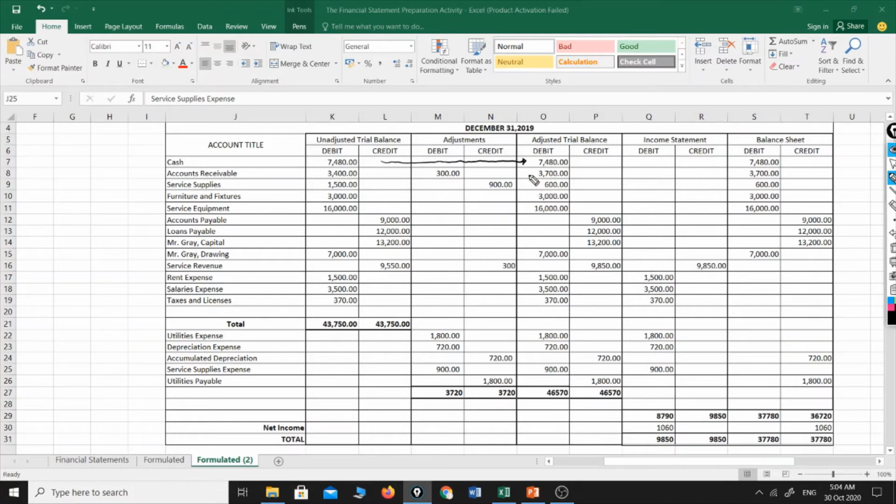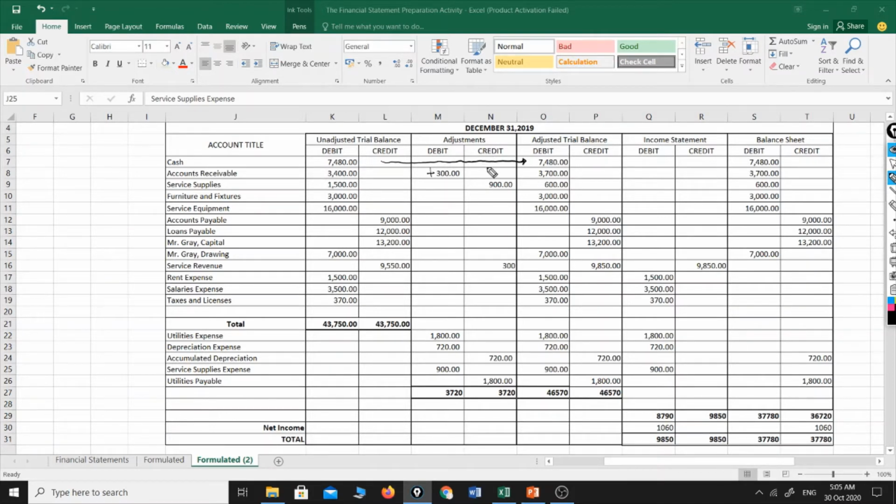So next is the accounts receivable. We have initially a balance for the accounts receivable of 3,400, and then upon looking at the adjustment section, it has an additional debit of 300. Okay? So remember, the normal balance of accounts receivable, since it is an asset account, is debit. So normal balance means it is an addition.